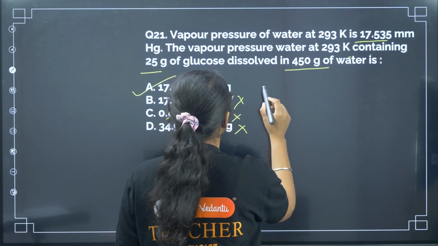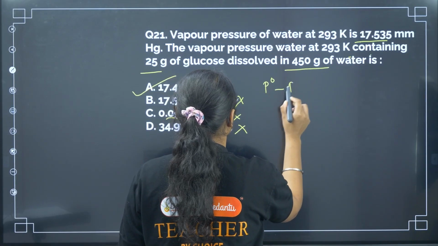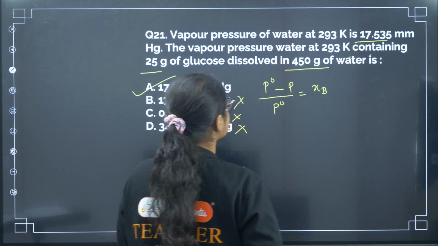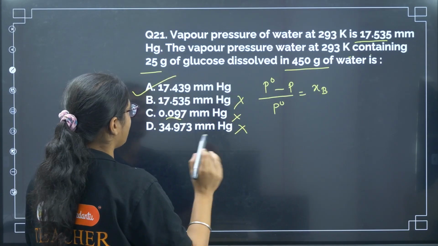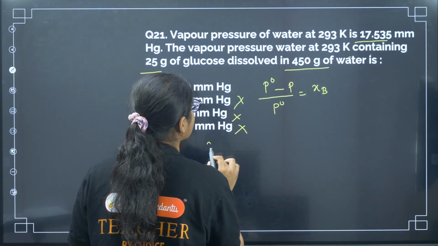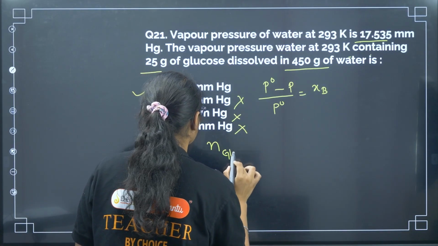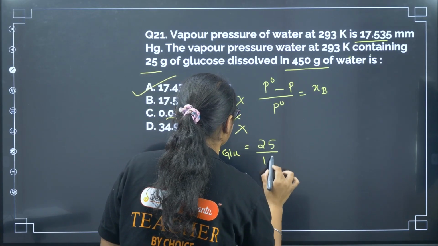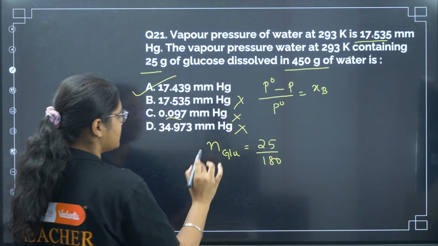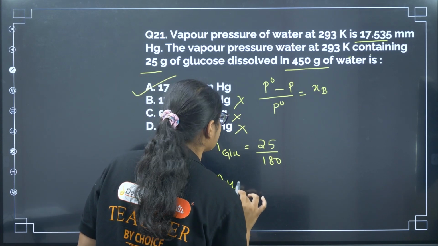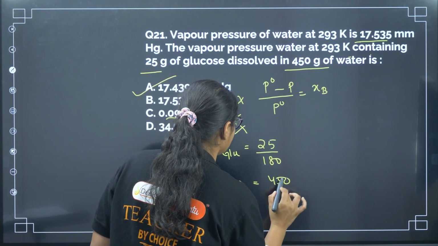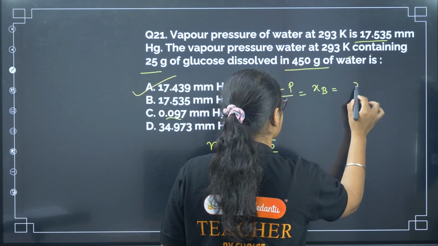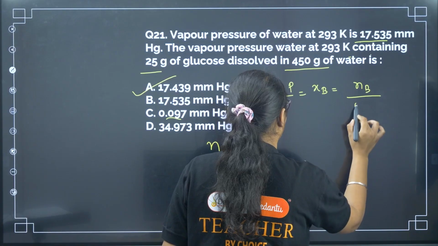The formula is (P naught minus P) by P naught is equal to XB, right? So let us first calculate all the values here. What is the number of moles of glucose? It will be 25 by 180, given mass by molar mass, and the number of moles of water will be 450 by 18, right? When we calculate XB, we take NB by (NA plus NB).